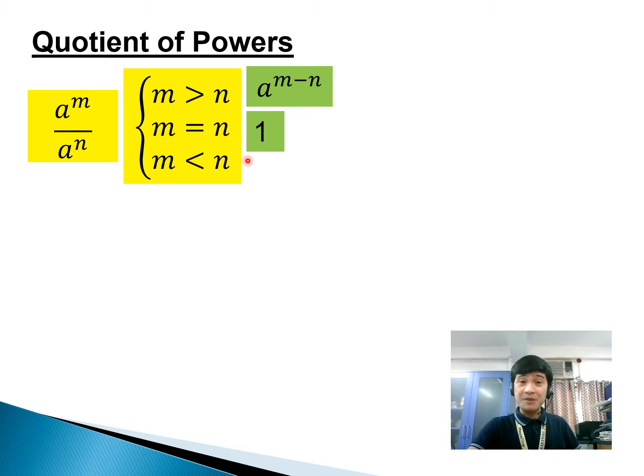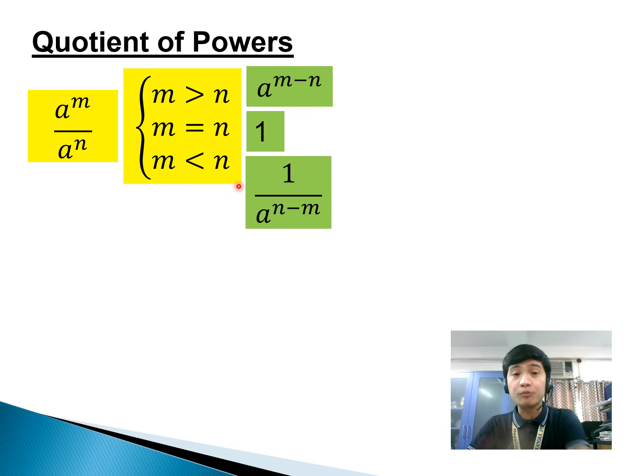Obvious naman yun, makikita ninyo mamaya sa ating example. While if your m is less than n, ibig sabihin, mas mataas yung value ng exponent ng nasa denominator kesa sa numerator, ang magiging resulta is you have 1 over a raised to n minus m. So yan po yung tatlong bagay na kailangan nating tandaan once we talk about the quotient of powers or the quotient rule in the laws of exponents.